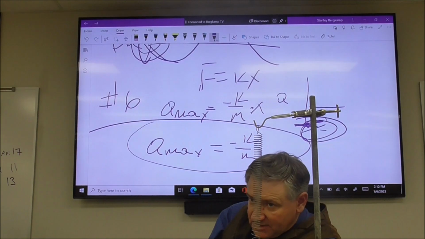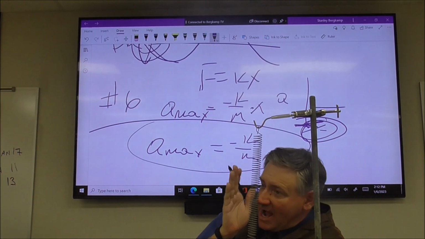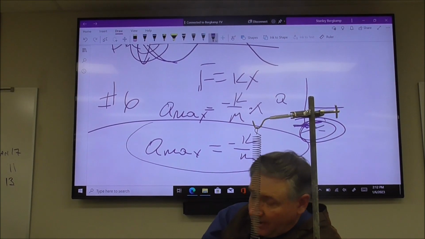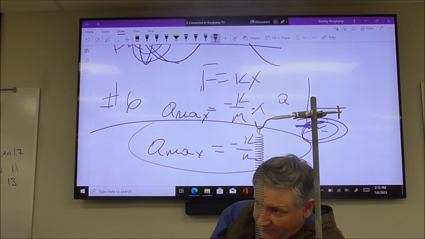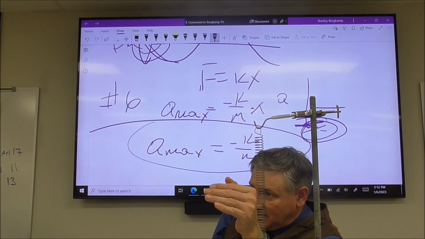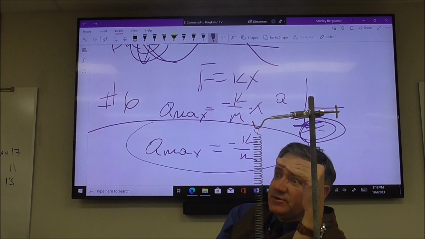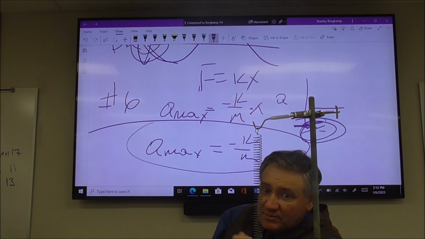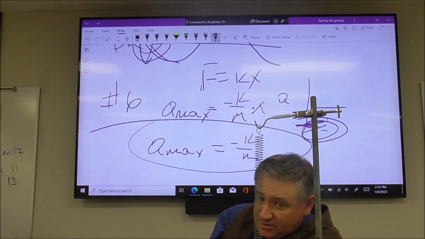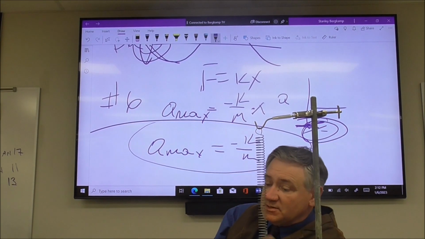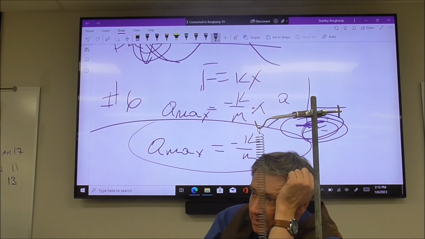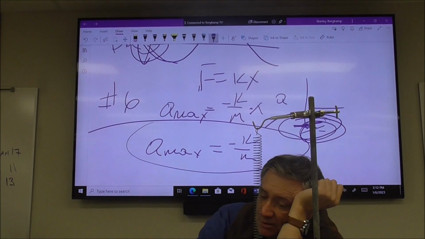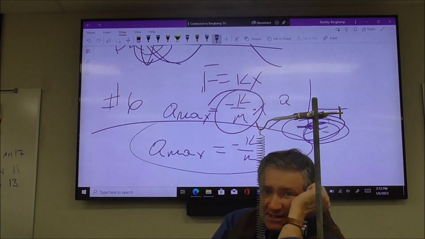This is why this graph has to start up there with a positive x value for all of these things to work out. When this thing begins to fall, you have negative velocity, you're speeding up, and you're going to have negative acceleration, because that's when you have your biggest net force. Your biggest net force is either at the top of the oscillation or at the bottom. This is why your acceleration time graph starts with a big negative value, and why you have that negative sign out in front.